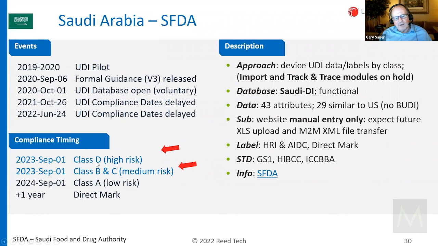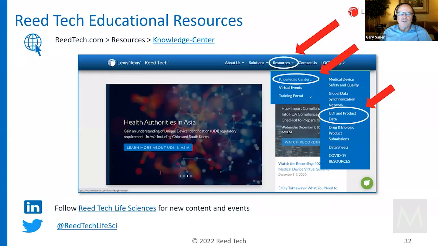They use letters for their classes, the high risk being D. So D, B, and C are all due next year in September, and then class A the year later in 2024. So it's a similar type of concept, but there have been significant delays in implementing it. Again, in-country representation is used.